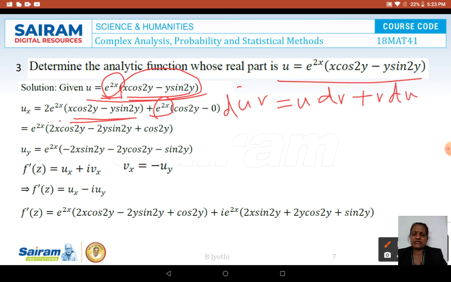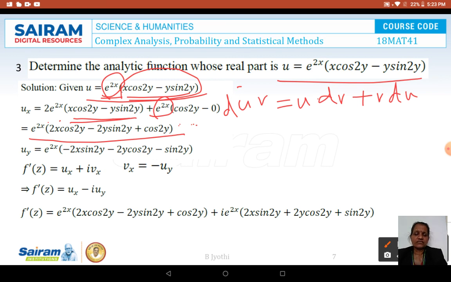The derivative of x is 1, so x into cos 2y, where cos 2y is treated as constant, and y sin 2y becomes 0 because it is treated as constant when we differentiate with respect to x. On simplification, we get e to the power of 2x into 2x cos 2y minus 2y sin 2y plus cos 2y.